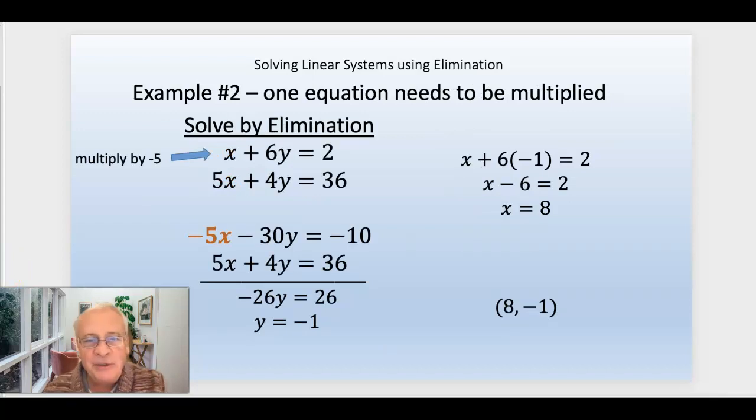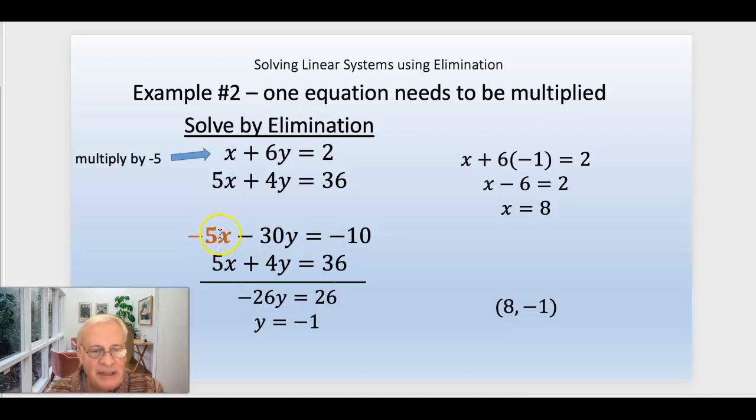Example number 2 is when one equation needs to be multiplied by some number to create an additive inverse. Here's our system of linear equations, these two equations right here. I can't just add them up; I won't eliminate a variable. But if I multiply this top equation by -5, everything by -5, then I create a -5x.